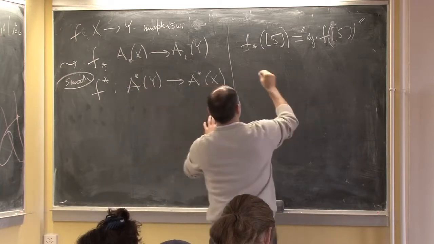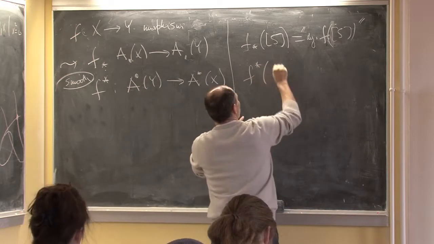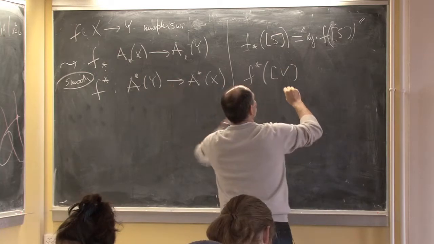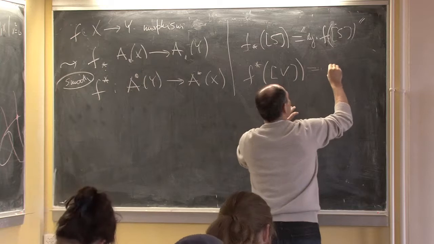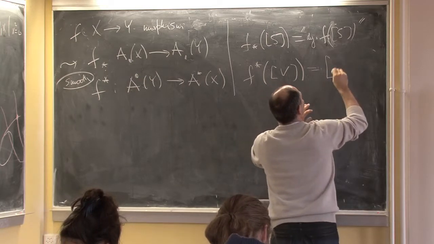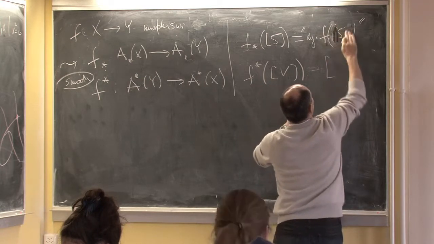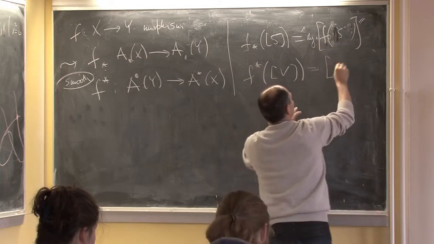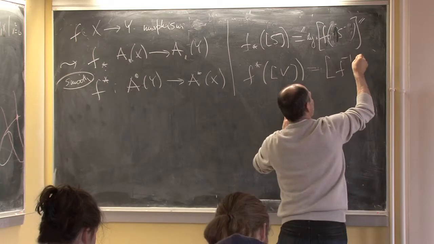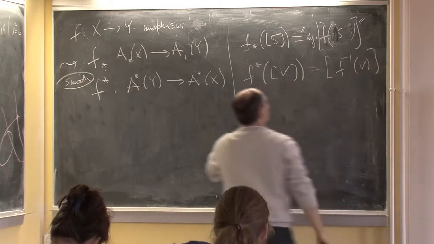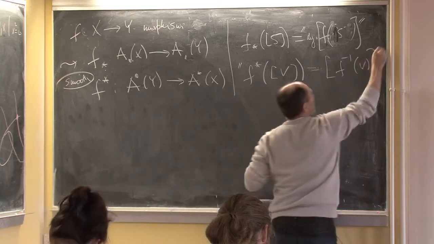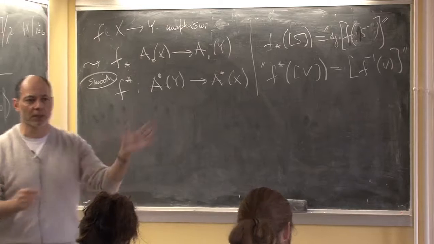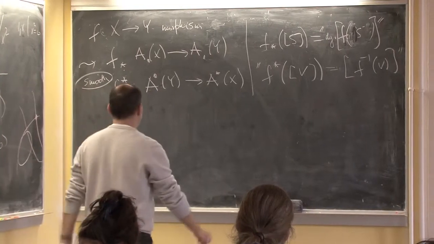And here, similarly, f upper star of some subvariety V of Y is now equal to, sorry, I did something wrong here. No, what I meant to say is this, that you take the class of the image. And here, you take the class of the inverse image of V. Okay, so I put these inverted commas there because you have to put them in transverse position, something I explained last time, but essentially that's what we're talking about.